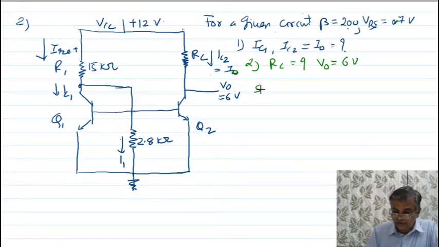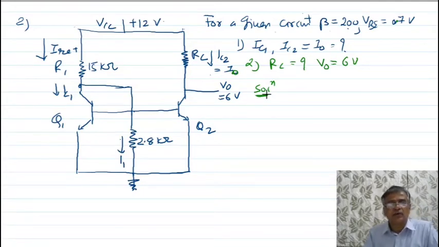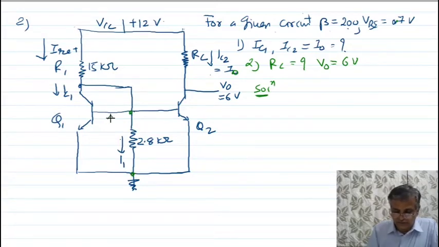So let us do the solution. Here we will take also the current mirror. Look here. With this voltage they have written 0.6. This is your VBE, 0.7, sorry, they have written 0.7.